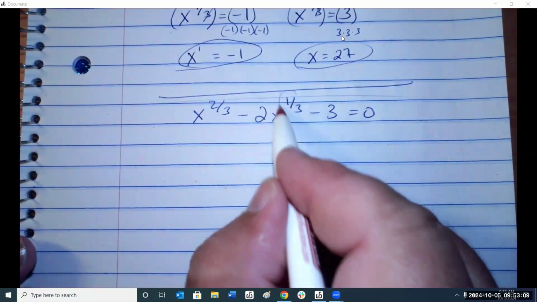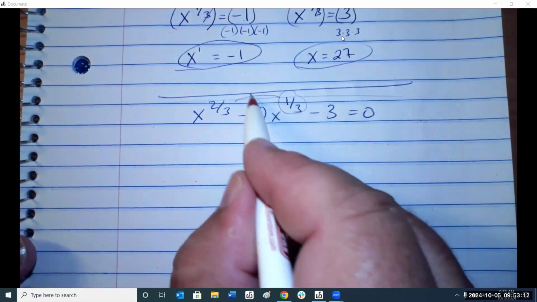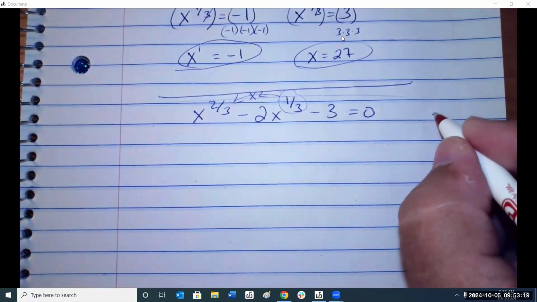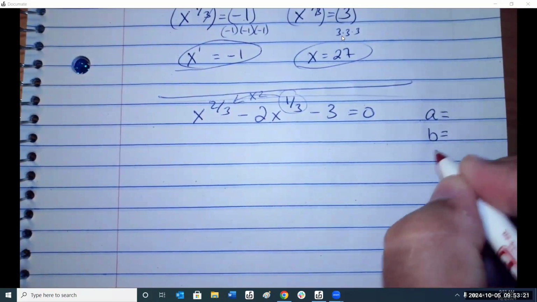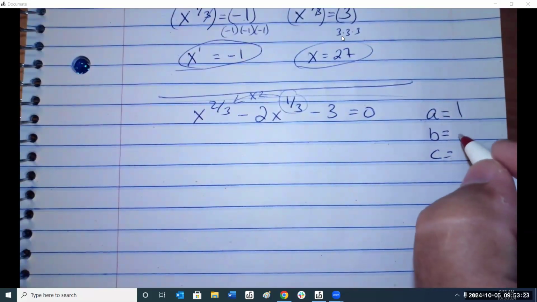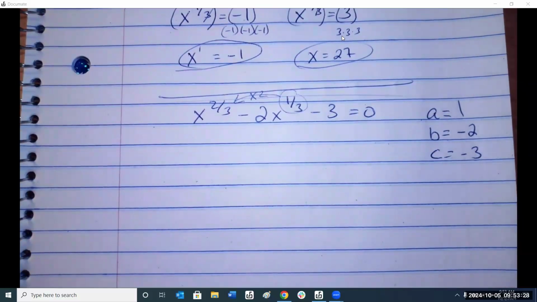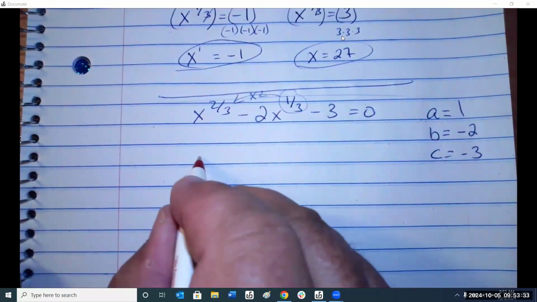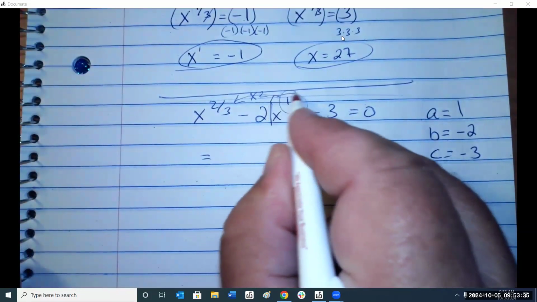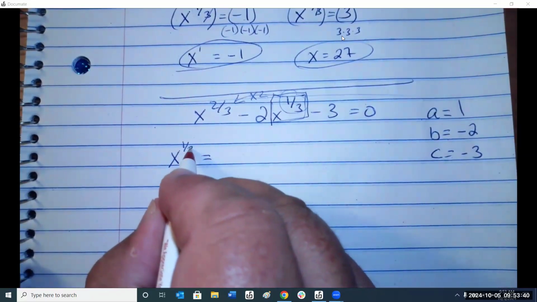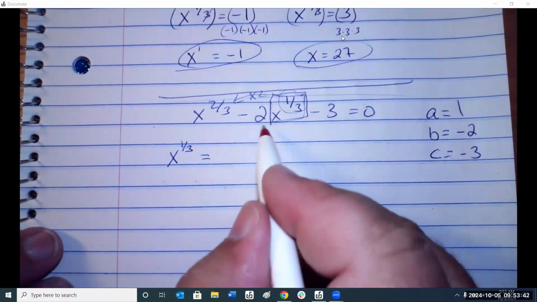Yeah, because this exponent times 2 gives us that exponent. So it's quadratic. So I label my A, B, C. A is 1, B is -2, C is -3. Remember, whenever you solve for anything, you solve for the variable. So this one becomes x to the power 1/3. That's what we're solving for here.